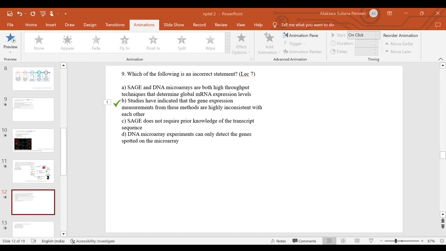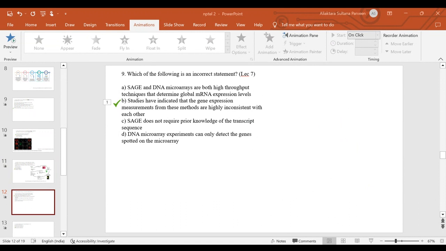The important thing is that it does not require any prior knowledge of your cDNA library, whereas DNA microarray needs that you already have the information of that specific cDNA, and only then can you make the spots with specific cDNAs. Both of these are global gene expression analysis experiments, but the difference is that one does not require prior information while the other does. Both reveal the global mRNA expression level for different tissues or samples.